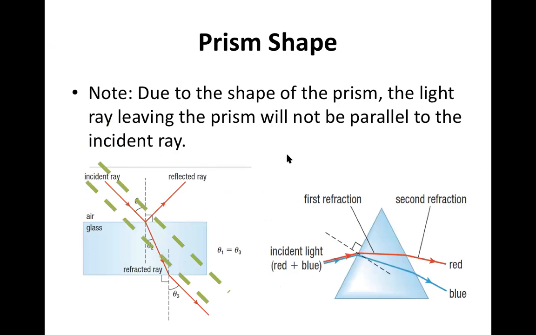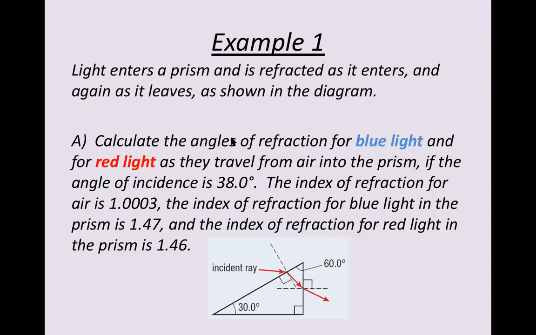Due to the shape of the prism, the light leaving the prism will not be parallel to the incident ray, as was the case when we had a block of glass where the surfaces were parallel, like a rectangle. There, the incident ray and the final refracted ray are parallel, whereas you don't get that with a triangular prism.